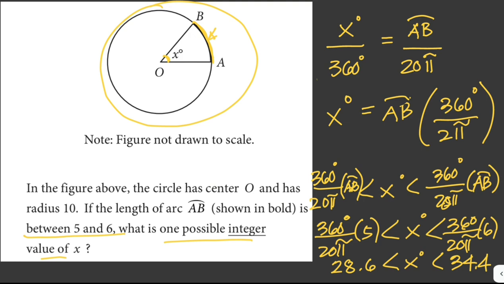So the possible values here would be 29, 30, 31, 32, 33, and 34. So these are the possible values of x.